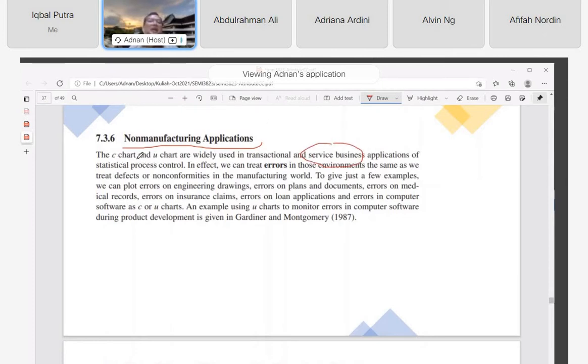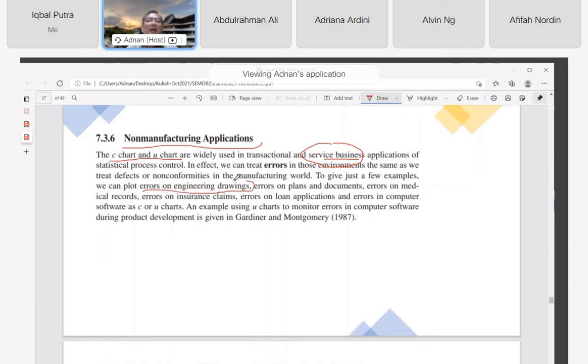C and U charts are widely used in transactional and service business, like banking, where they are processing documents. How many mistakes have they made? Maybe they overlooked something while checking forms filled by the clients. Or, for example, errors in engineering drawing.